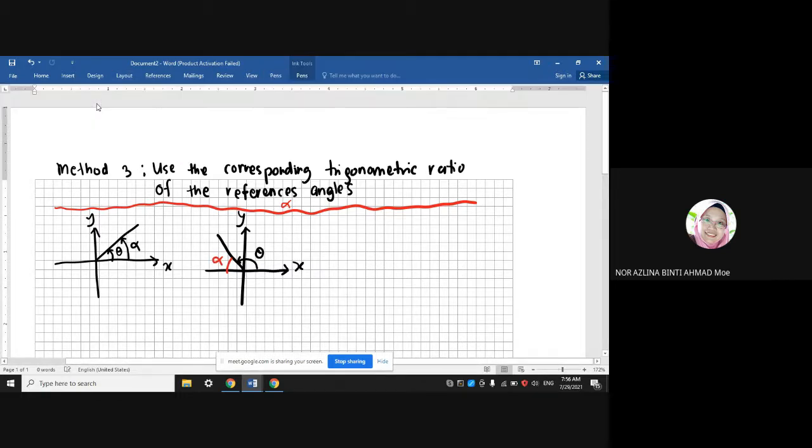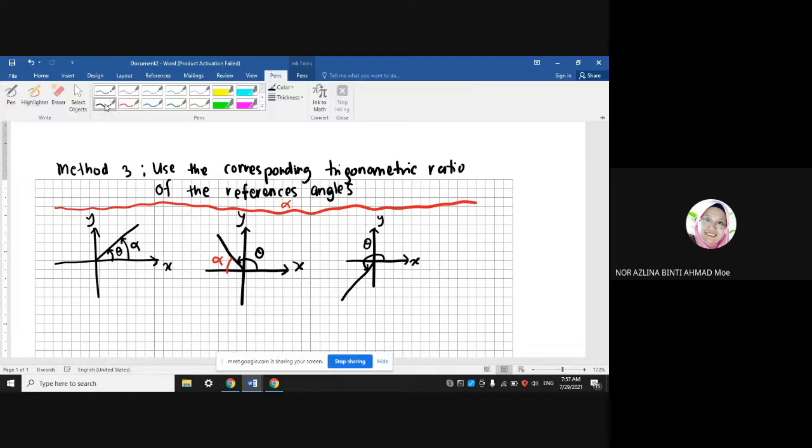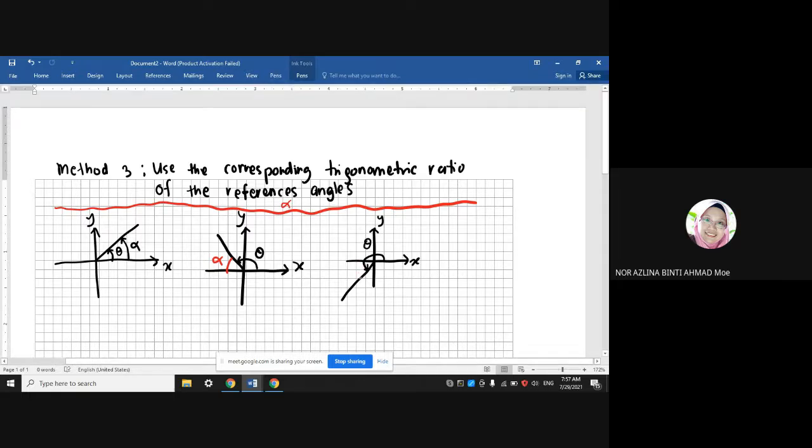Okay, kalau saya beri kuadran 3. X, ini Y. Kuadran 3 di sini. So angle dia sebenarnya, yang ini angle. Ini theta kita. Tapi, where is our reference angle? Reference angle kita adalah dari x-axis kepada line. So this is reference angle. Next.